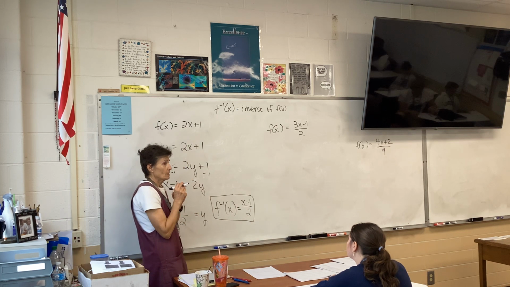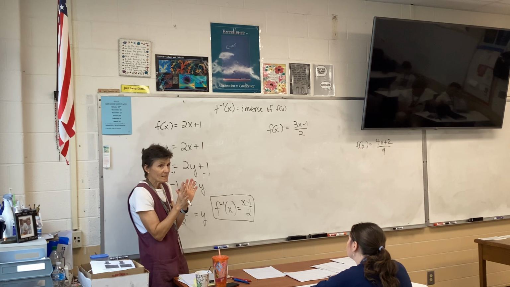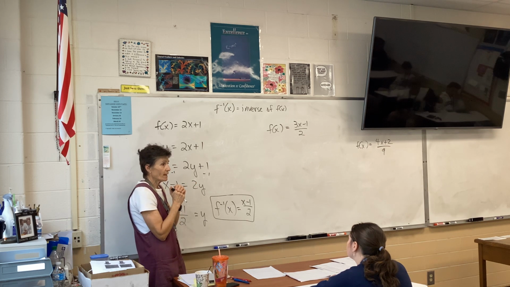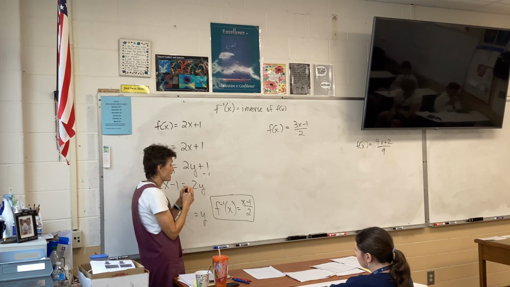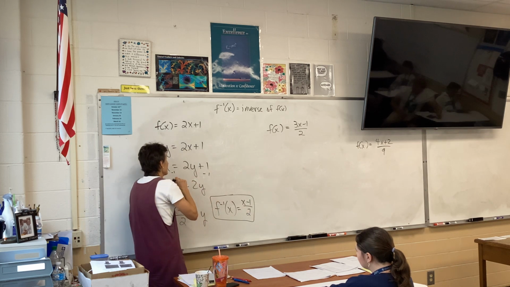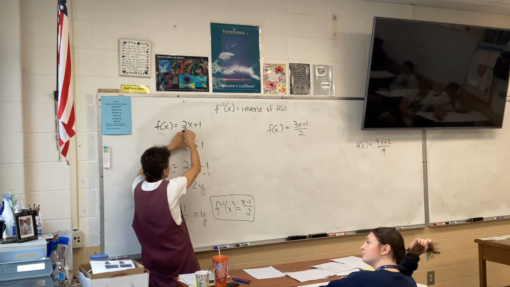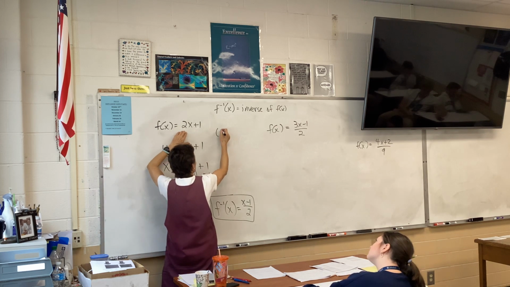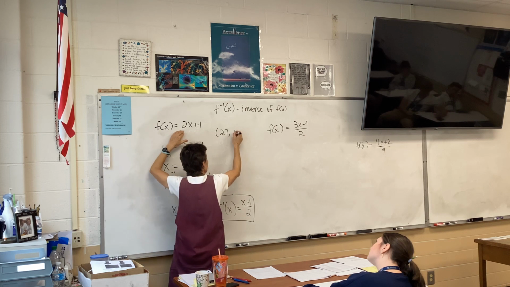Now, let me show you what it means to be inverses. Eddie got an A on his test. Make up a number, Eddie. 27. If we take 27 and put it into the original problem, 27 for x would become 2 times 27 plus 1, 55.